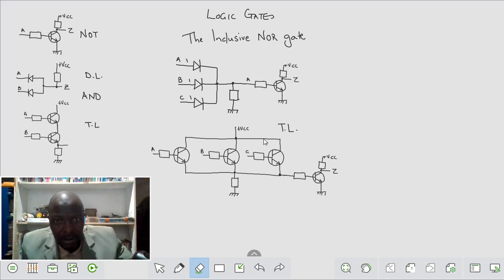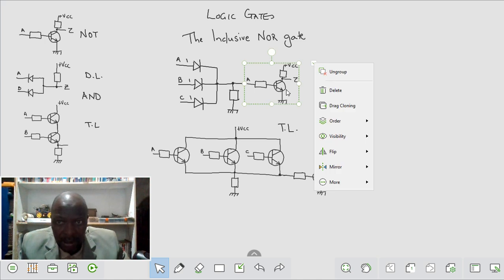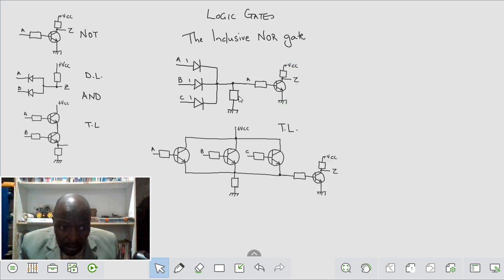Alright, ungroup first, and then let's remove the A, because A is now there. It was probably wrong for me to leave the ones here. It's one state. Alright, remember we have other states.